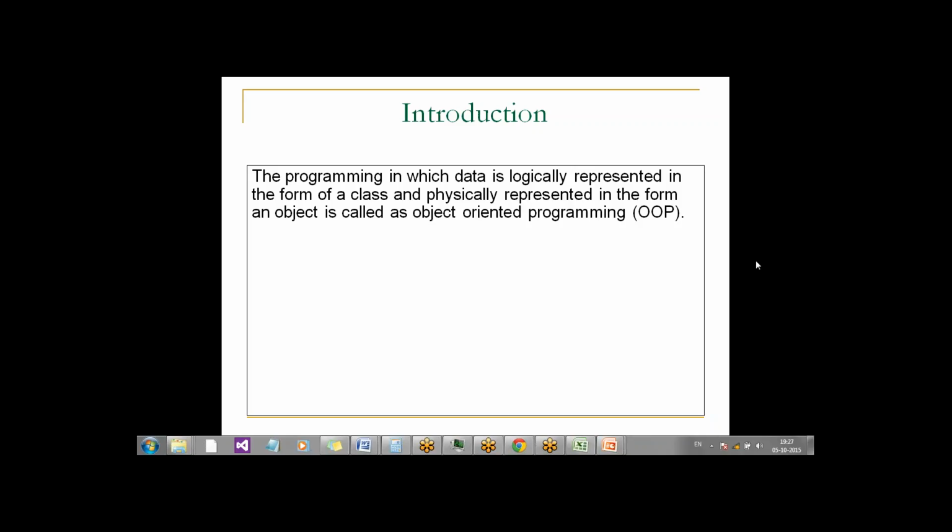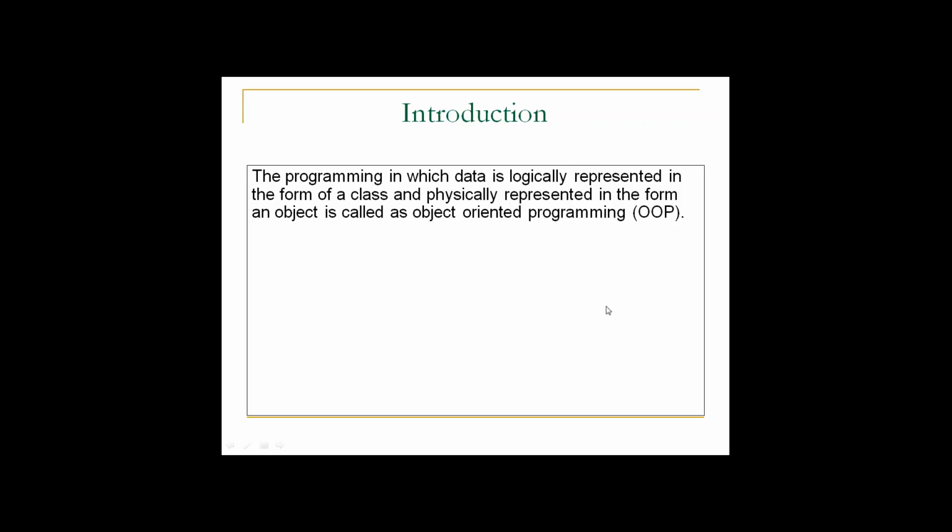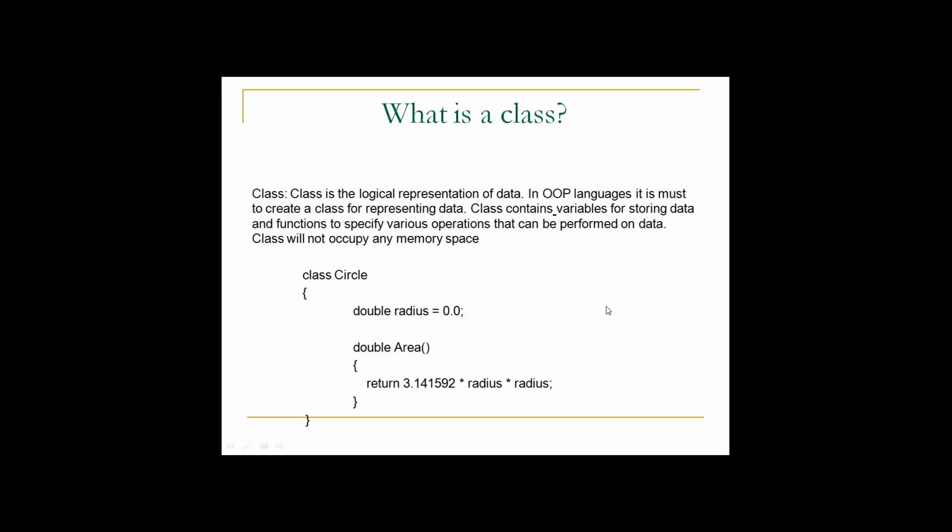So simply, object oriented programming is dependent on two different concepts. What are they? Object and class. Let's try to understand what is object and what is class, and through that we'll try to understand how object-oriented programming is dependent on these two entities called class and object. Making sense?